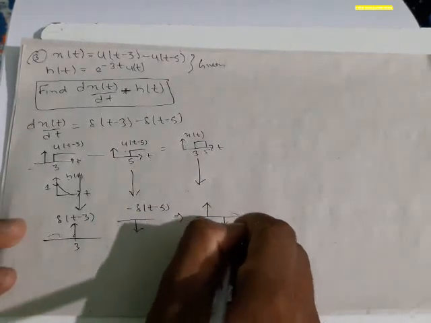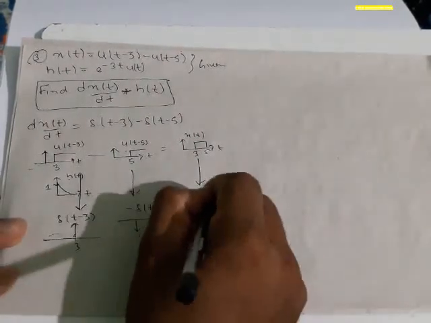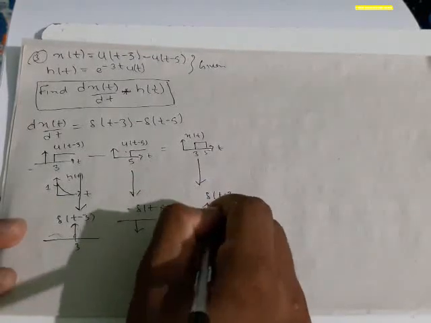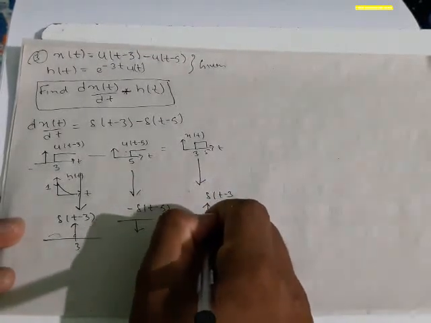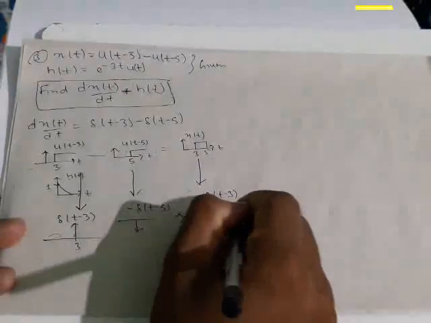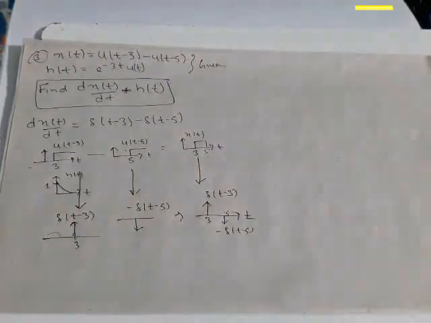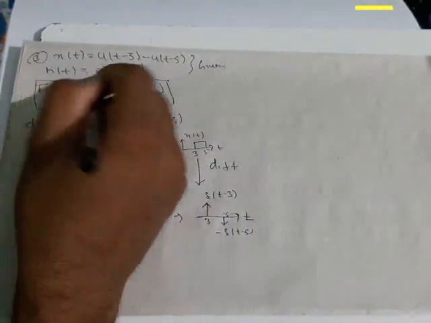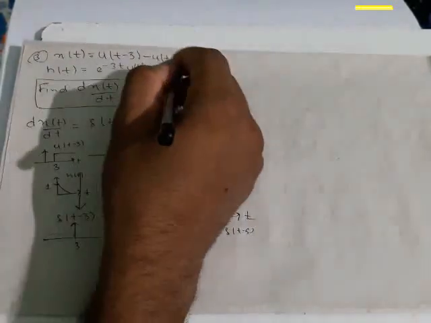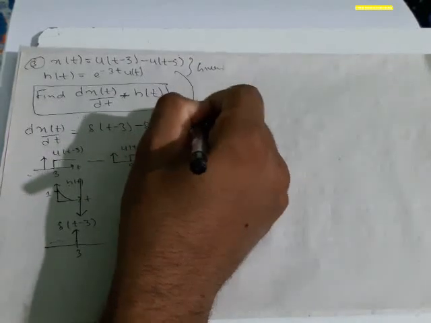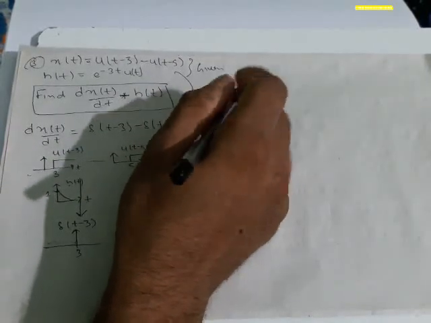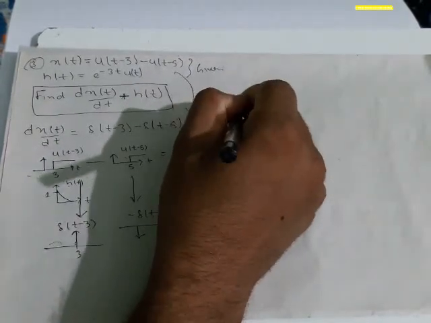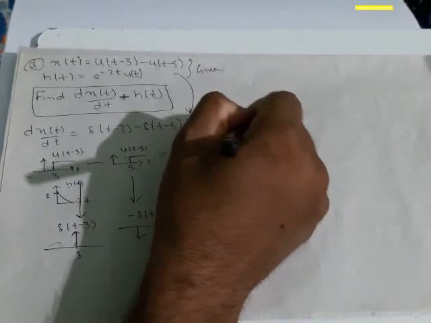Or for understanding, if it is d square x by dt square convolution with d cube h by dt cube, then it will be d to the power 2 plus 3 of y by dt. It is 2 plus 3, like this. Very interesting.